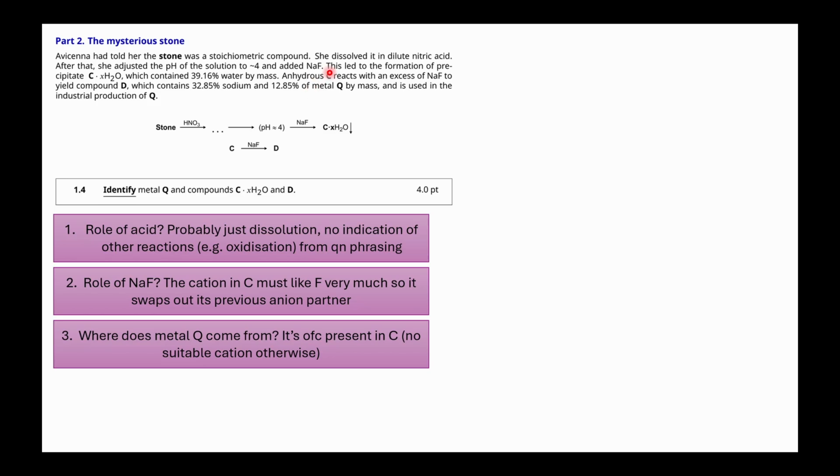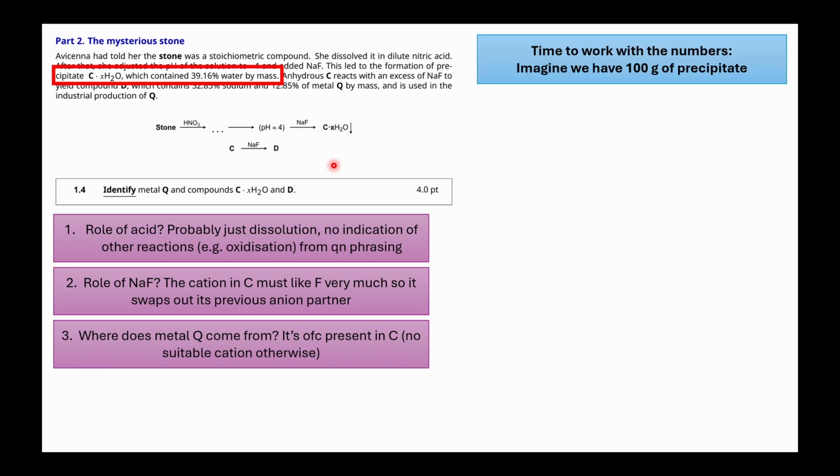So the Q can only come from C, and the C definitely comes from the stone. So it's a continuous thing, so you can't just stop somewhere and make a metal pop up. So yeah, metal Q comes from C. And that's an important thing to know because now you know more about C. You know it contains metal Q.